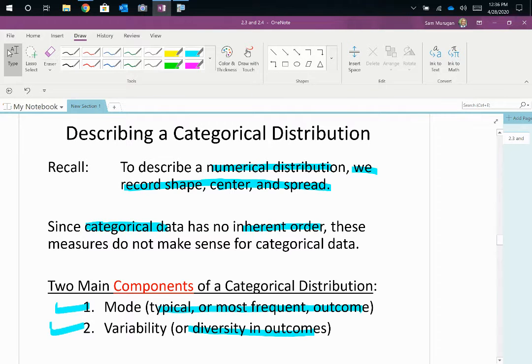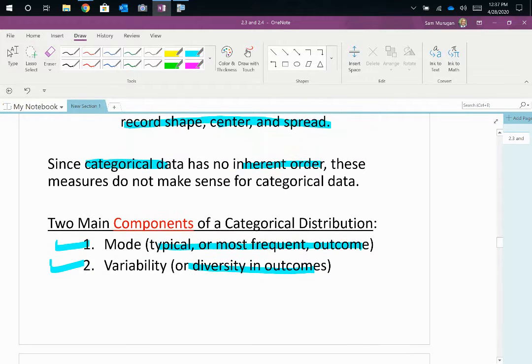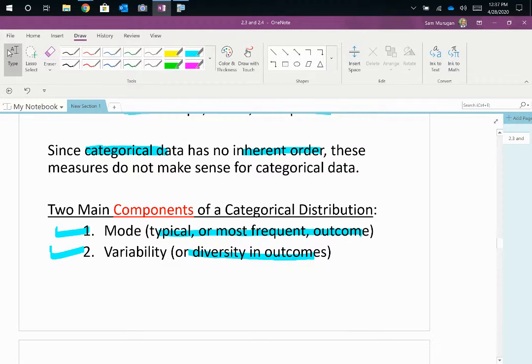Since the categorical data does not have an inherent order, this would not make sense for categorical data. So instead, we use two components to describe categorical data: mode, the typical or the most frequent outcome, and the variability or the diversity in the outcomes.